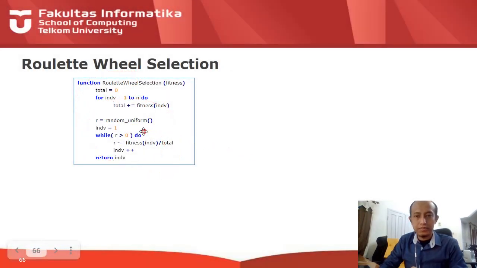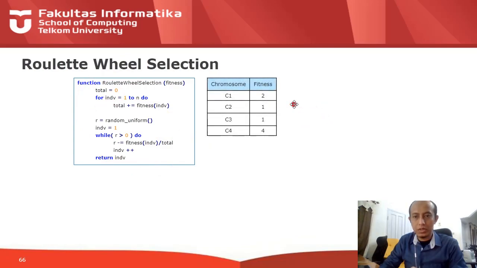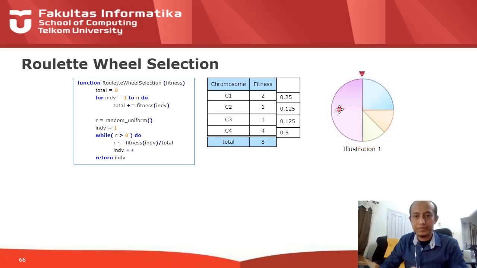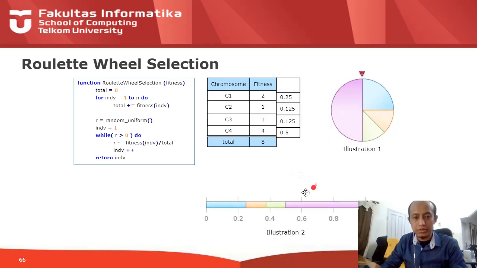This is pseudocode and illustration for roulette wheel selection. As you can see in the pie chart, we have 4 individuals or chromosomes with different fitness values represented by the portion of the pie. You can also see that in the scale chart below.